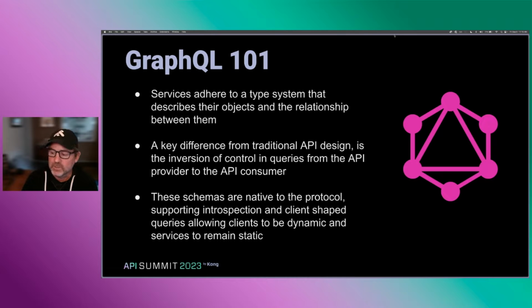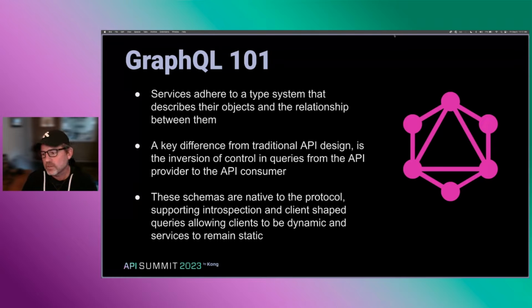You define the relationships between them, just like a graph, just like it's in the name and in the logo here. And when you go to implement a GraphQL service, you build out functions for each of these objects and fields to compose up the type. GraphQL schemas are native to the protocol. This supports things like introspection, allowing clients to find out what a service can support.